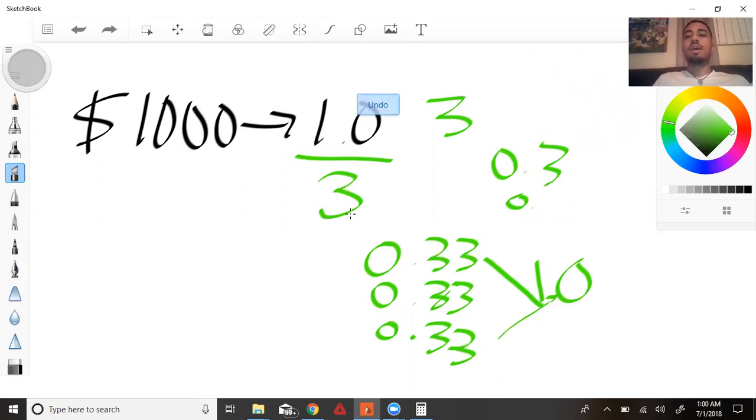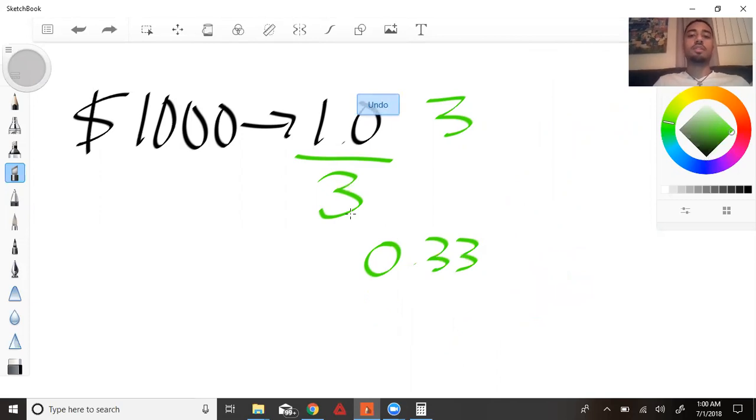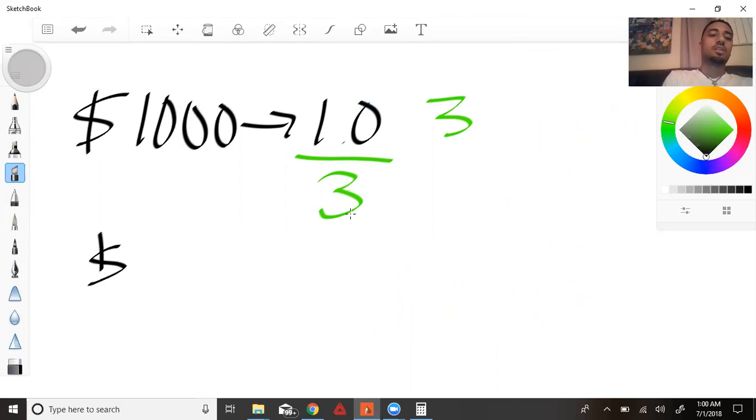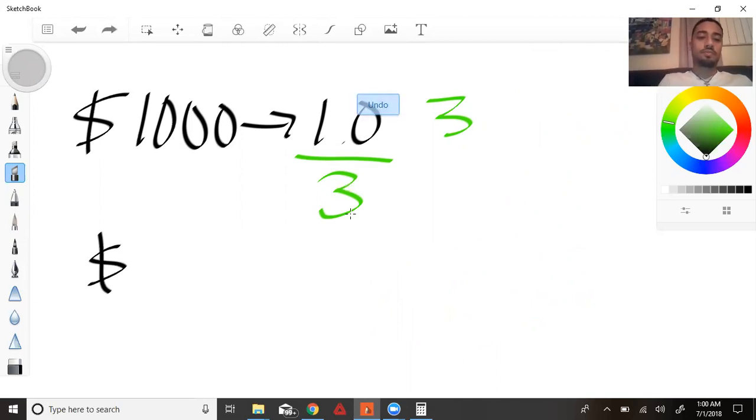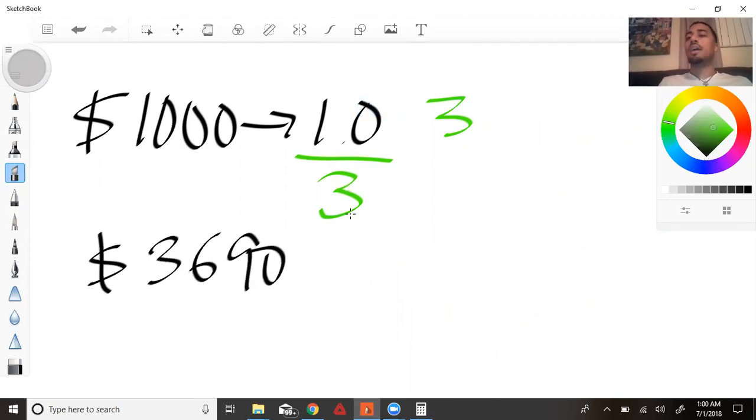Now let's just say that you had a different amount. Let's say you had $2,690 in your account. No, let's just say $3,690 in your account, and then those three trades came out.